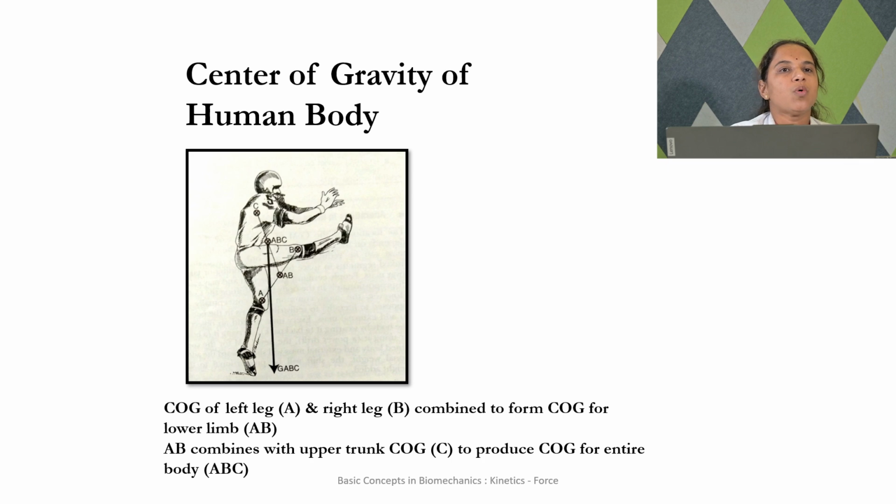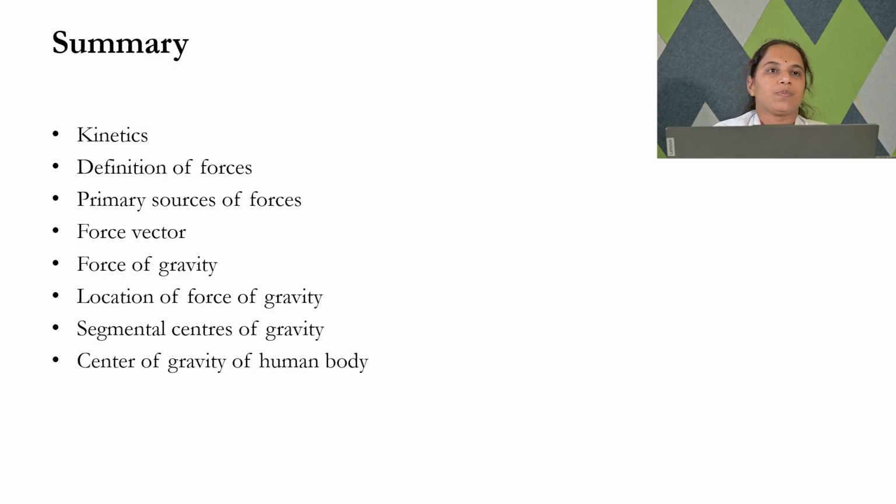And when there is a more disproportionate rearrangement of body segments, here you can see a sportsman standing on his toe, so the center of gravity is realigned again and it lies outside the body. This is the explanation for the center of gravity of human body.